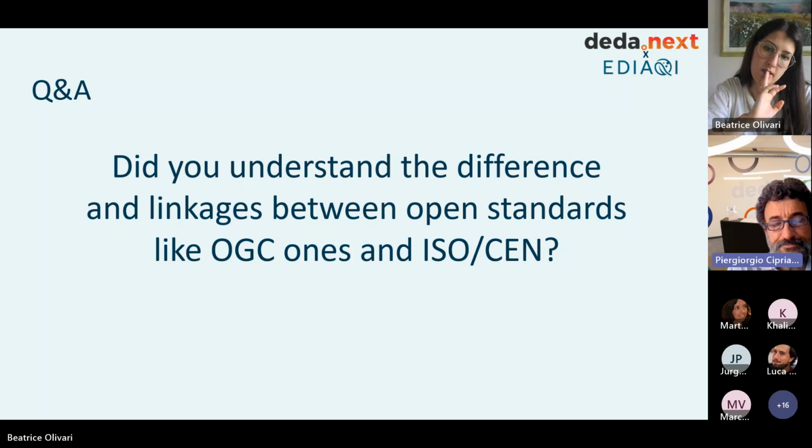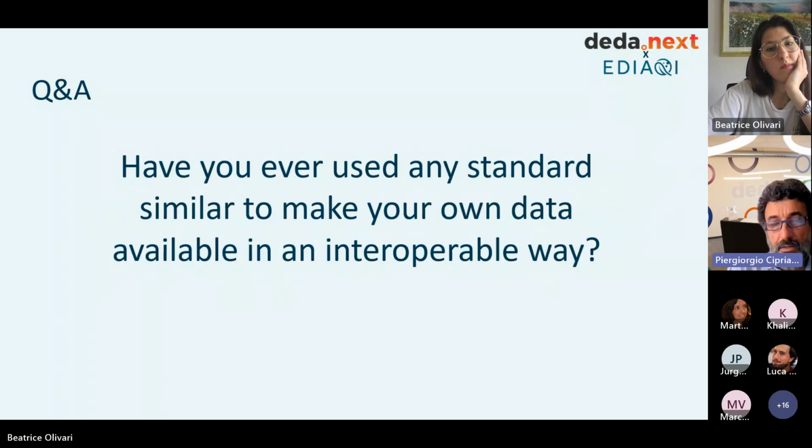So we would like to better understand if you got the difference, and also the linkages, between open standards on one end, like the OGC ones, and the ISO and CEN on the other, and if you already had the opportunity to use a similar standard, so standards that are similar to the ones that we are talking about, to make your own dynamic data available in an interoperable way.